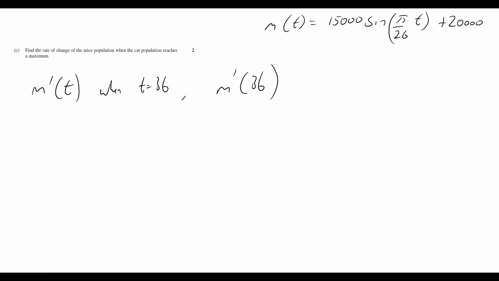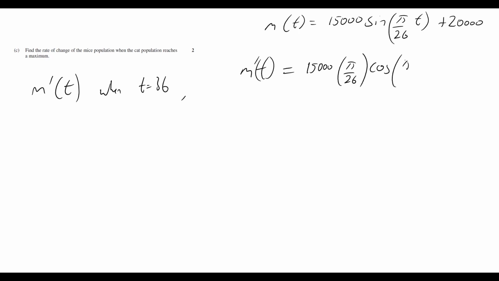Okay, so now quickly differentiating that, let's see what we get. We'll have that m prime of t is going to be equal to, so when we differentiate this, this will come out the front, and this sine will change into a cosine. So now it's going to be equal to 15,000 times pi over 26, now cosine of pi on 26t, and that 20,000 will just disappear.